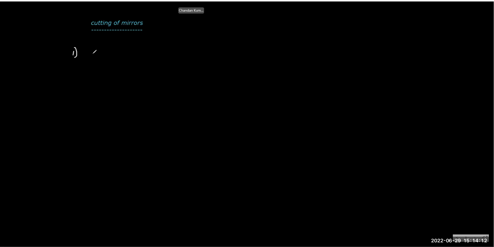Like you can cut and shift transversely, that's the first case, and cut and shift. And we are going to do this by a very small value. So let's say we have a mirror.